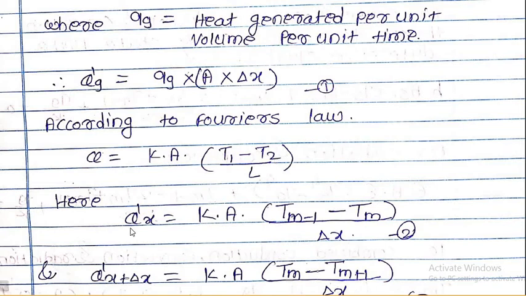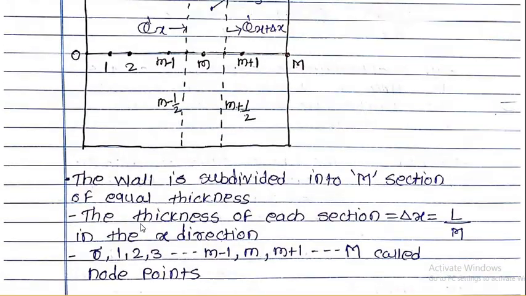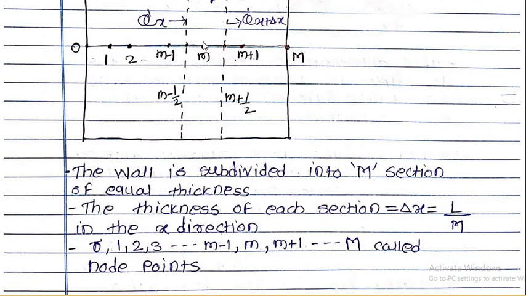In the case of q dash x, that is the energy given to the node M or the section which consists of node M. So the initial temperature will be considered for the node point M minus 1, and the next temperature for the node point M, with thickness delta x.